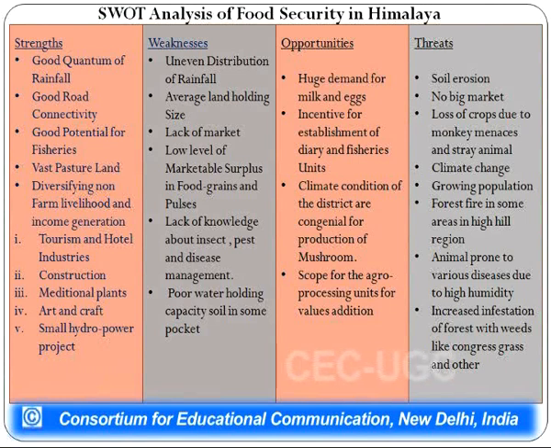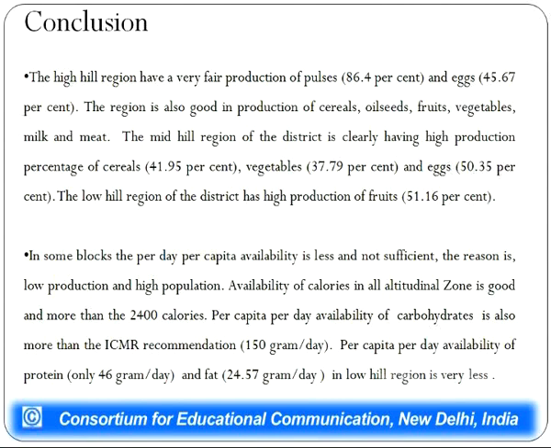Threats are naturally, as you know, this region is located in a hilly region: soil erosion, no big market, loss of crop due to monkey menace, climate change, growing population, forest fire, increased infestation of forest with weeds.